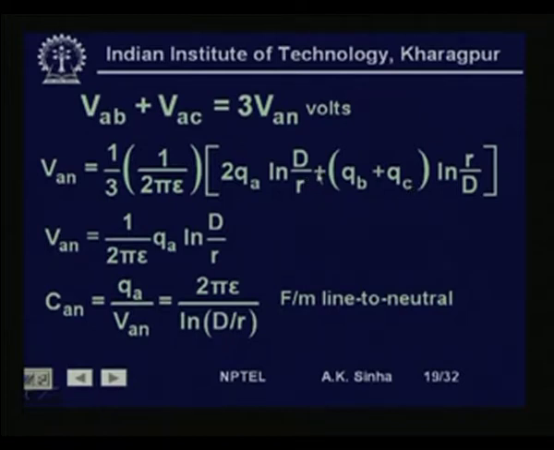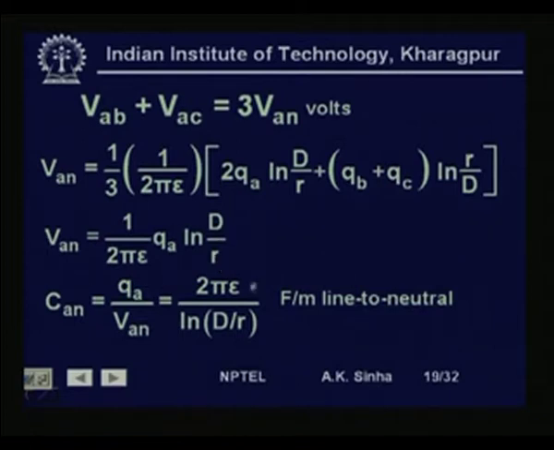So, this becomes twice qA log n d by r minus qA log n r by d, which can be put as plus qA log n d by r, and therefore, we get 3 qA log n d by r, and this 3 will cancel with this 1 by 3. So, we have got 1 by twice pi epsilon qA log n d by r.